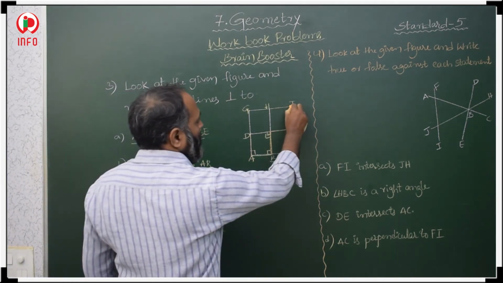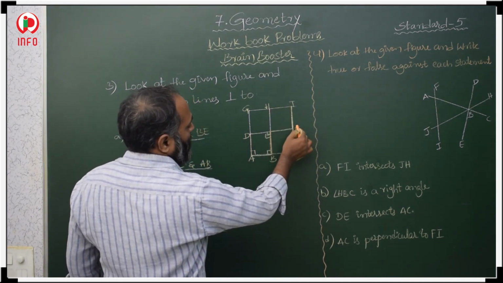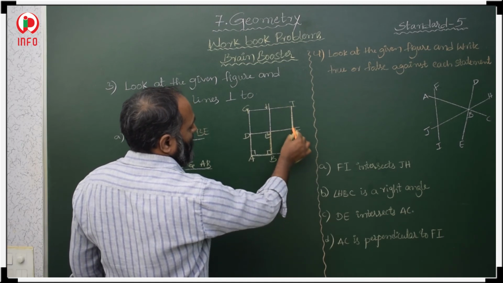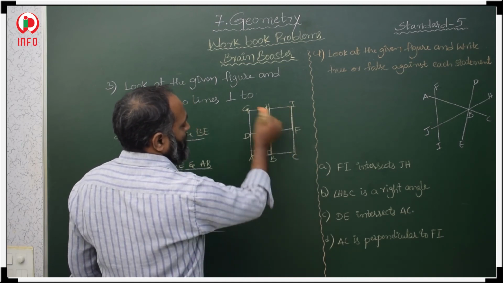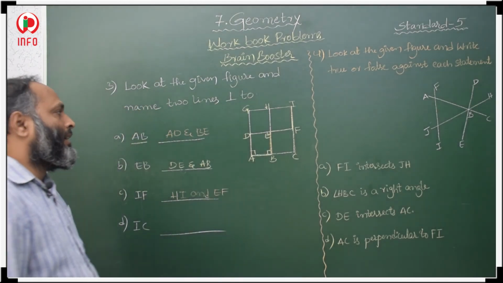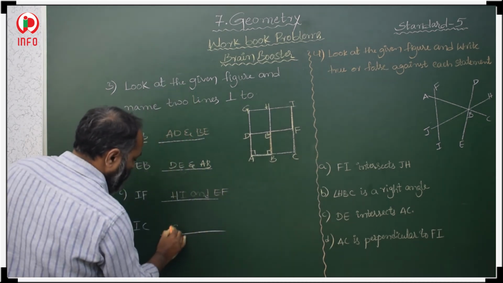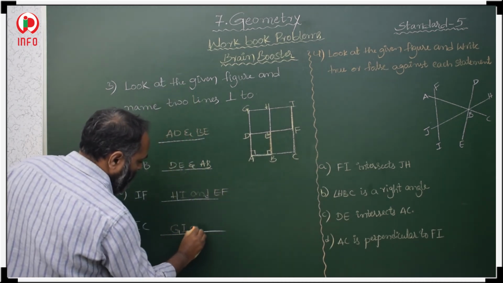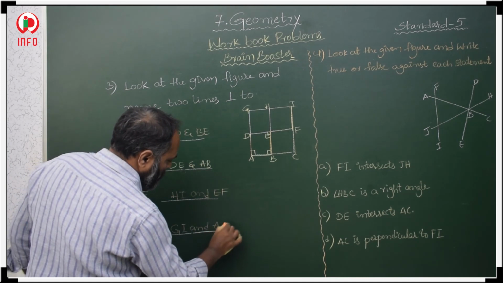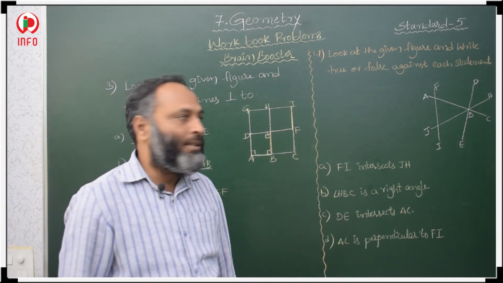The lines perpendicular to IC are IH, EF, BC, IG, ID, AC, many lines are there. Any two lines you can write, so GI and AC. In this way you have to think and write perpendicular lines.